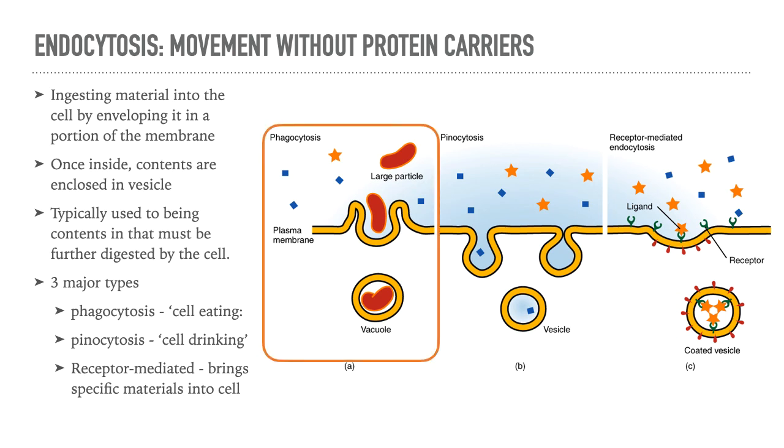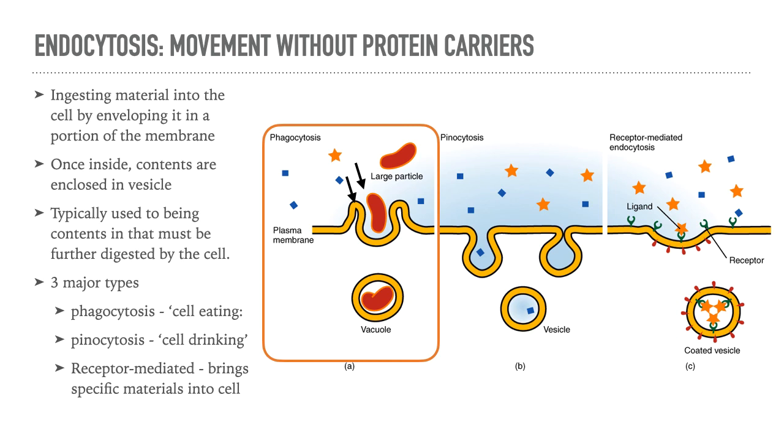This is used by a lot of immune cells, and one of the primary things that are phagocytosed by cells are large foreign particles. In this case, we're looking at a bacterium. Here we have our bacterium. It's interacting with the cell membrane, and you can see that the cell membrane is forming these projections called pseudopods that are ultimately going to wrap all the way around this bacterium.